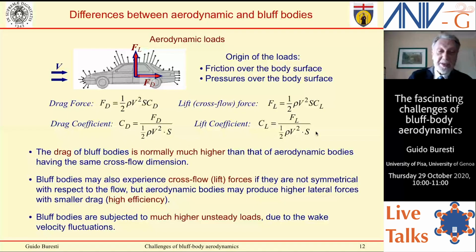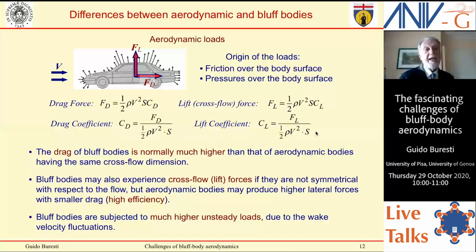And also the efficiency, I mean the ratio between lift and drag, for an aeronautical body is much higher than that which may be produced by a bluff body, especially because they have a high drag. But especially also bluff bodies are subjected to much higher unsteady loads due to the wake fluctuations.